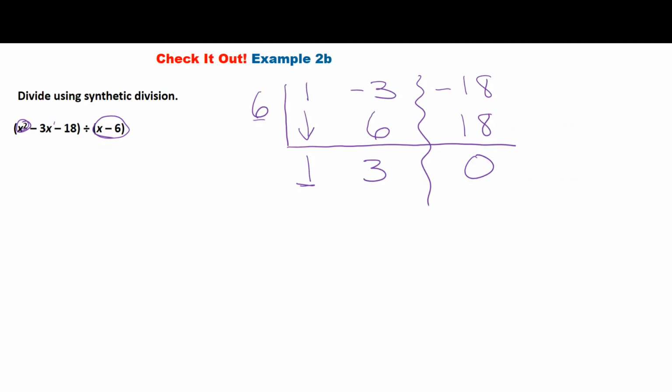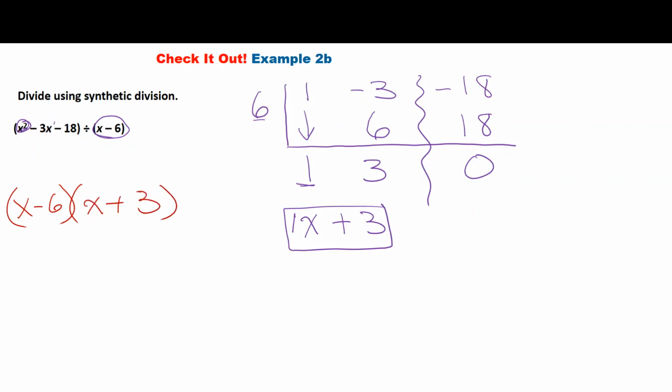This exponent was a 2, so our first one has to be 1x plus 3, and we have no remainder, so that is our answer right here. And then, of course, we're going to check it to make sure that we're right. So we're going to take our x minus 6 multiplied by x plus 3. And x times x is x squared. x times 3 is plus 3x, plus negative 6x, plus negative 18.